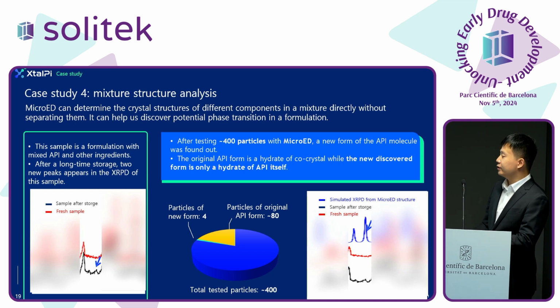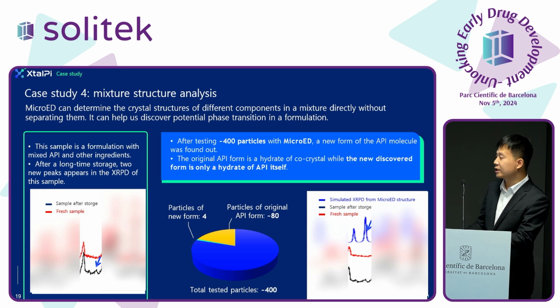However, with MicroED, we directly map out hundreds of particles. In this case, we mapped out 400 particles and grouped the data based on the diffraction pattern. We noticed that 80 of them belong to the known form of the API, which is a co-crystal. And then we noticed there are 4 particles that show a different diffraction pattern.